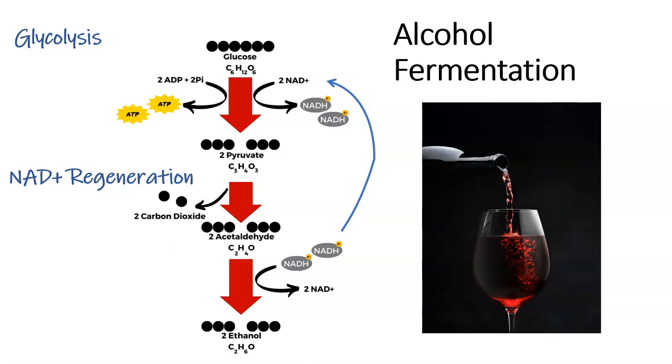And a lot of it is used in production of foods. So kombucha, bread, beer, a variety of cheeses all rely on fermentation pathways, and the different products of fermentation provide the unique flavors in those food products.